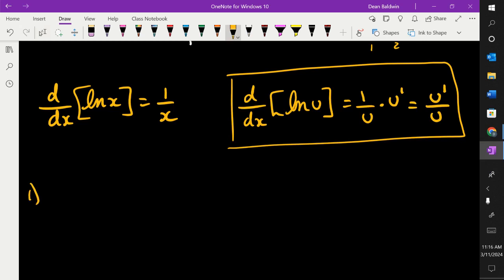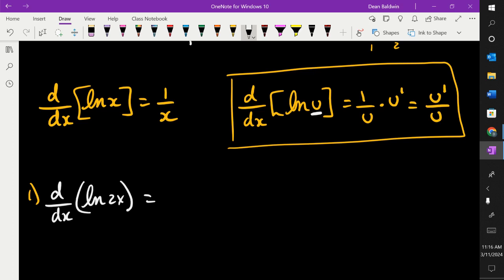If we look at, we'll start with a straightforward one. The derivative of the natural log of 2x. So, u is your argument.